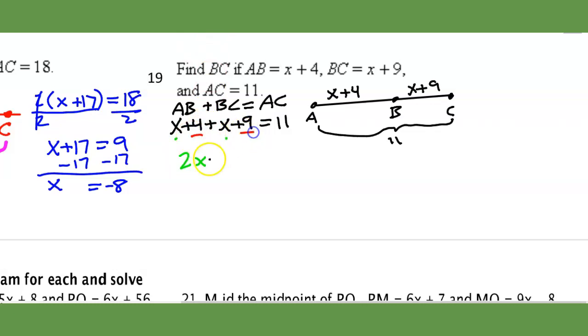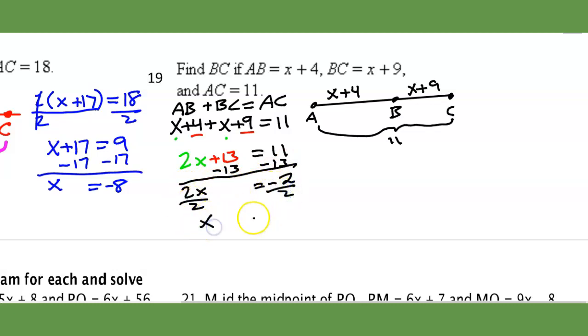We have 13. Do a little solving. Subtract 13 on both sides. 2x equals negative 2, and we can divide by 2, and x will equal negative 1.